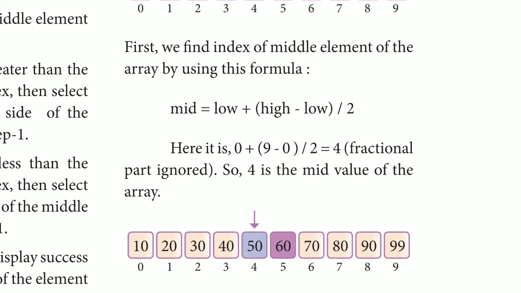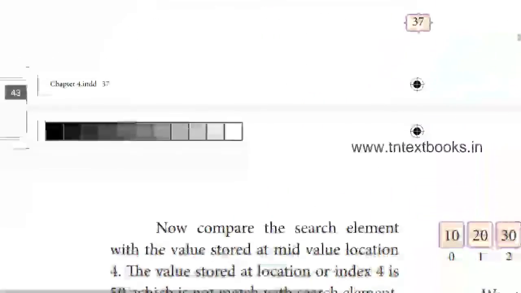If the given search key element is less than the middle element, then it will move to the left side of it. Now you can see that it is moving on to the right side of it.